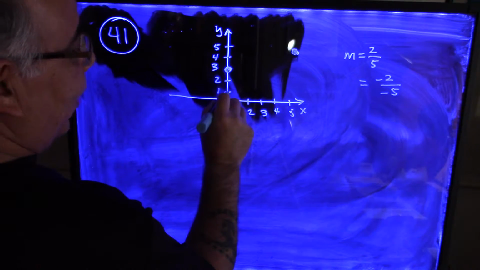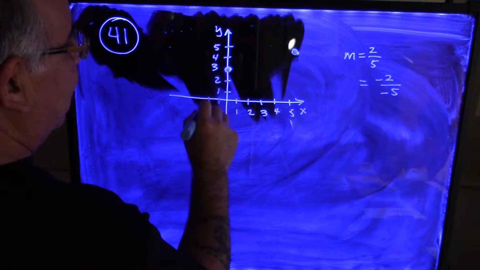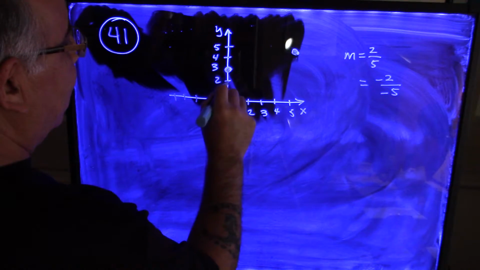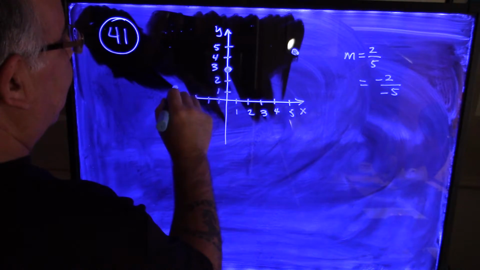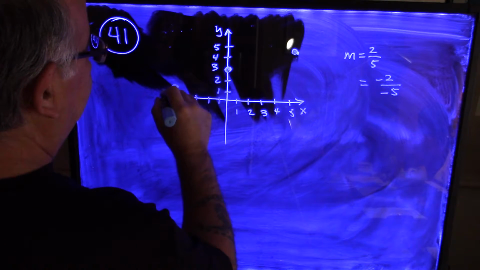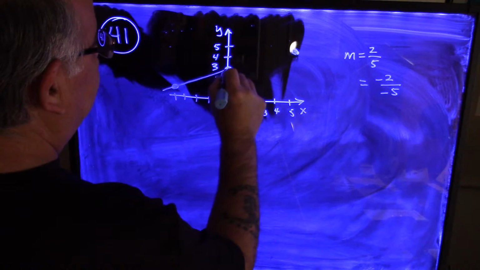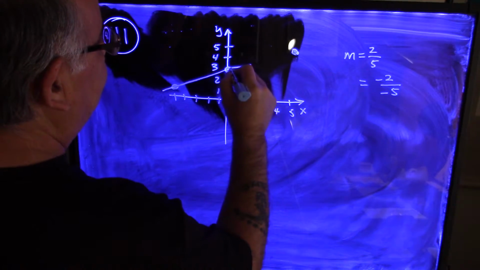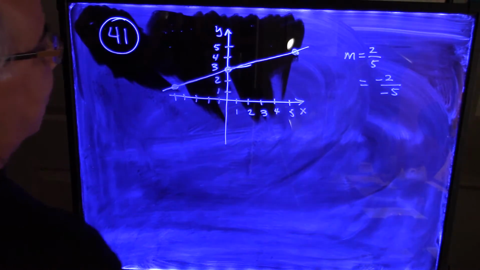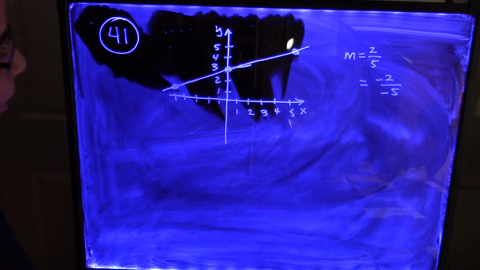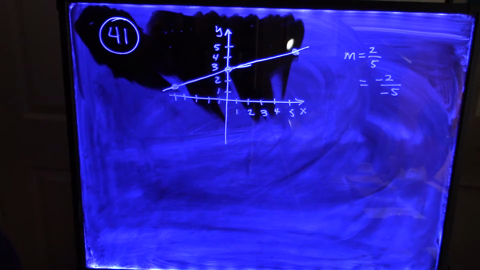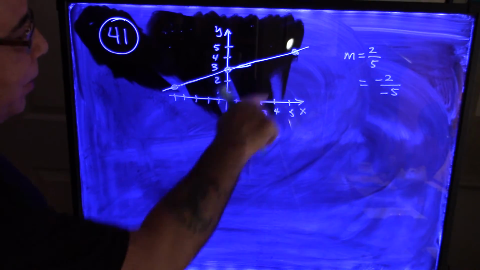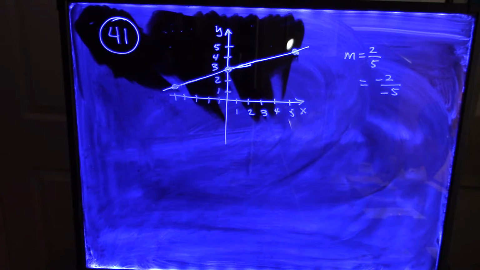And a run of negative 5 means you go to the left 5 units, 1, 2, 3, 4, 5. So down 2 to the left 5, right about there. And you connect the dots. Oops, no straight edge, kind of messy. Connect the dots with a straight line, and there you go. It doesn't matter which expression you use, you'll get these points that are on the line, and you can connect them.